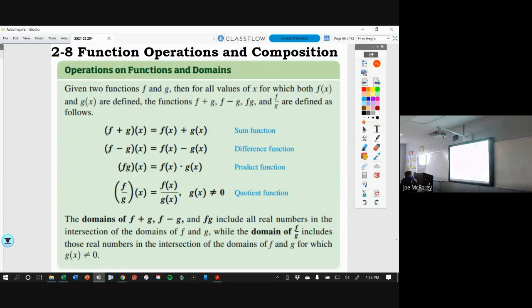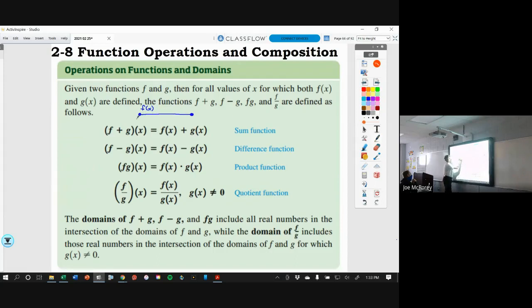What the heck does that even mean? Let's say I've got some function, f of x, and let's say I've got a restricted domain. The domain of f of x goes from this point here to this point here.